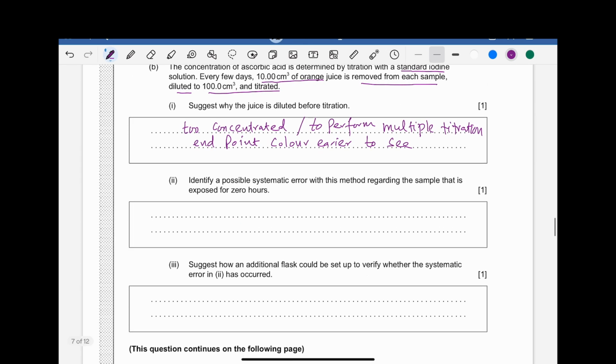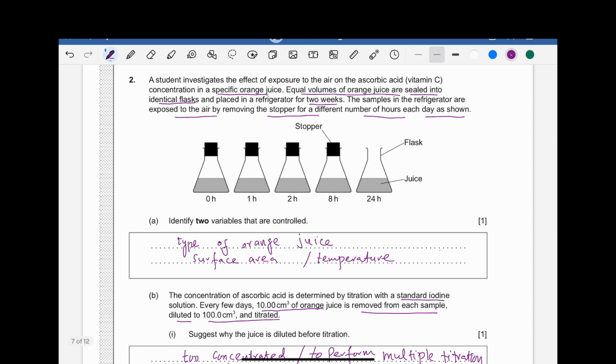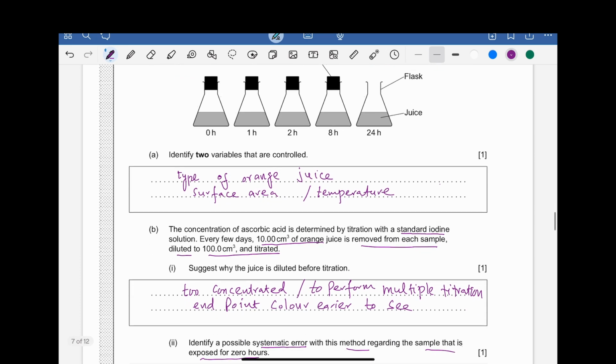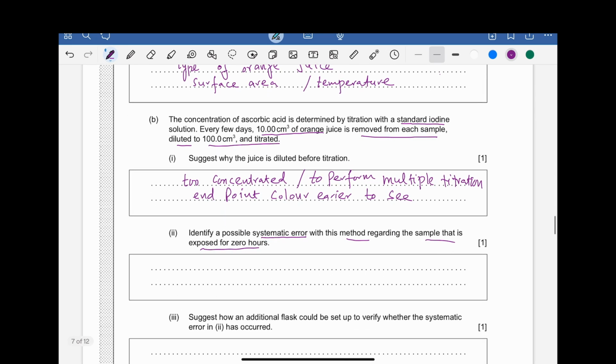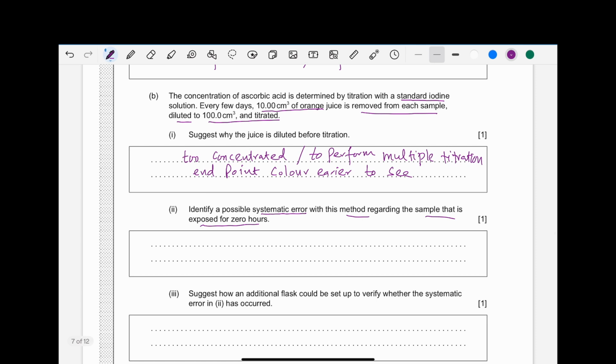2. Identify a possible systematic error, so that is there all the time, with this method regarding the sample that is exposed for 0 hours. We can go back to the question and see it says the samples in refrigerators are exposed to air by removing the stopper for a different number of hours each day as shown. Equal volumes are sealed into identical flasks. A possible systematic error can be that the flask has to be open to withdraw the sample, so that means it will be exposed to air.